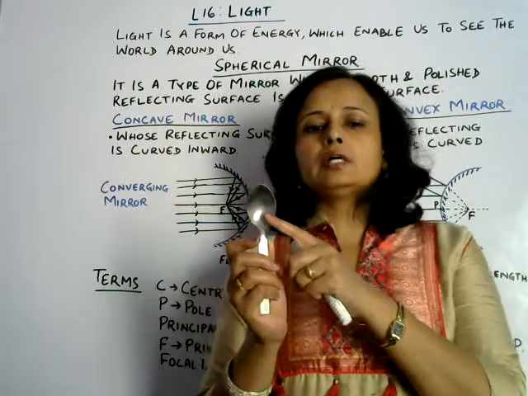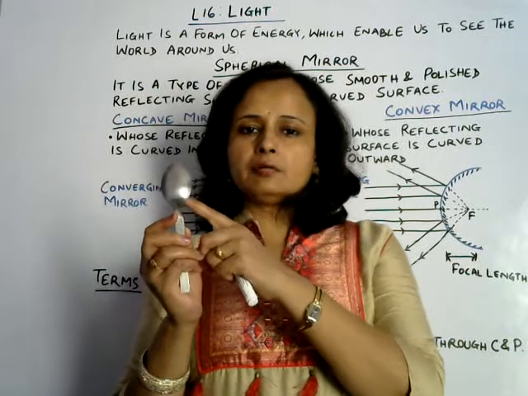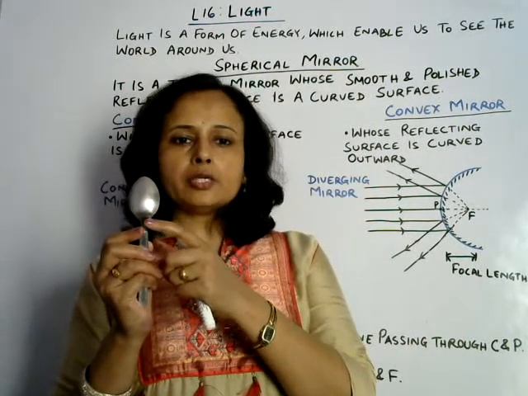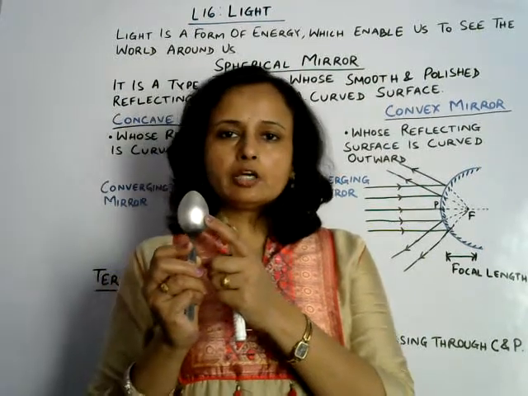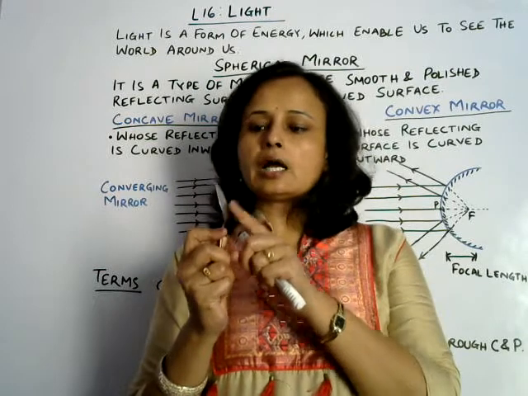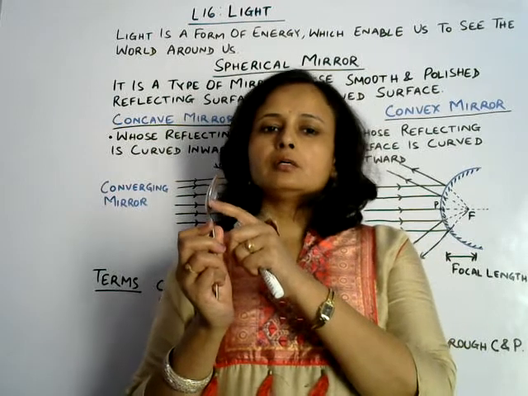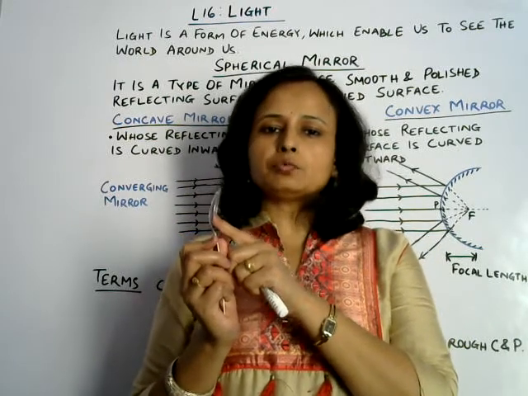And the kind of mirror in which the polished reflecting surface is curved outward is called convex mirror. So convex mirror is bulging outward, concave mirror has its polished surface inward, not outward.